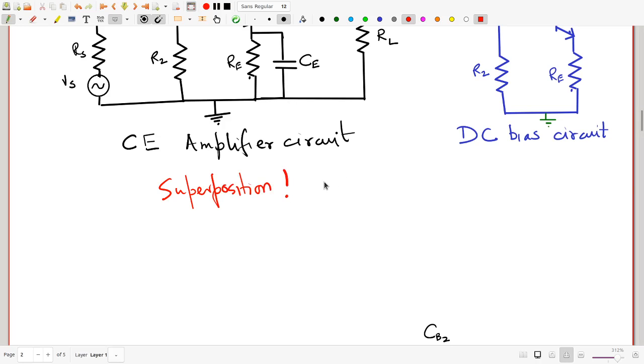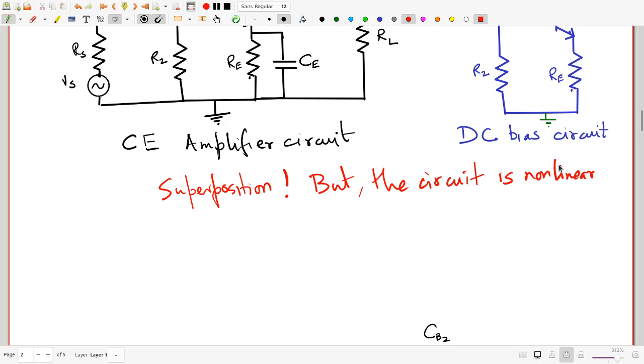But now you should object to this. Why? Because the circuit here is non-linear, right? It involves a transistor whose behavior, whose voltage versus current characteristics, is not linear at all.